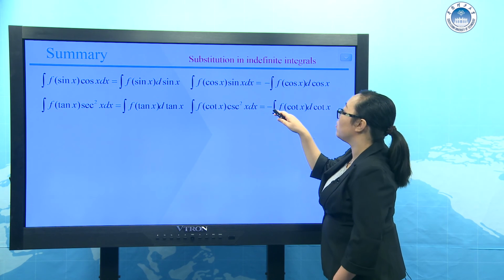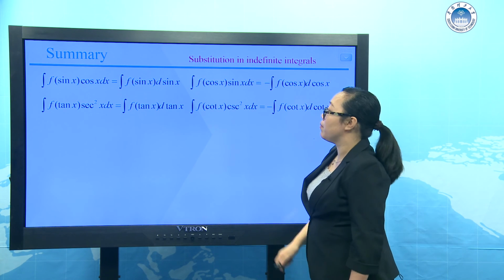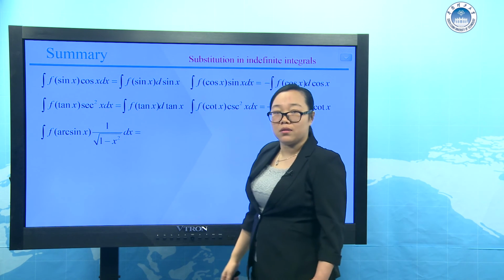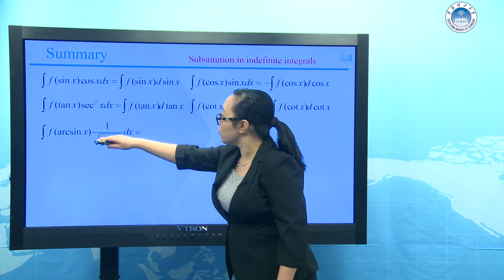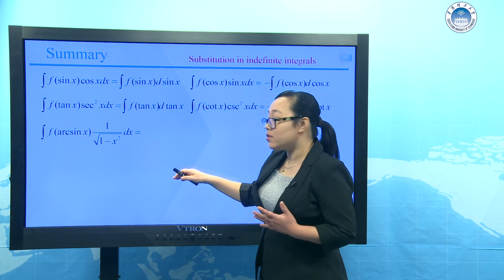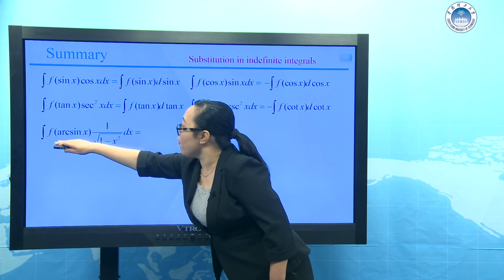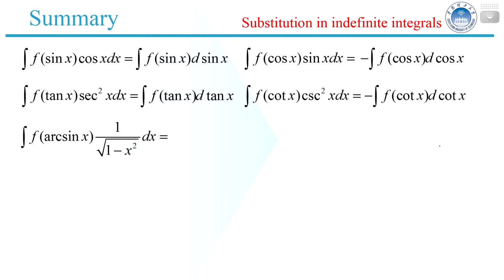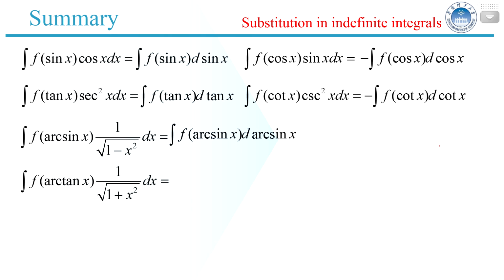Still pay attention to the minus sign. f of arc sin x, 1 over square root of 1 minus x squared. How to do? Still the same idea. f(u) doesn't change. Try to turn the term into a differential du. In your mind, try to remember and understand.